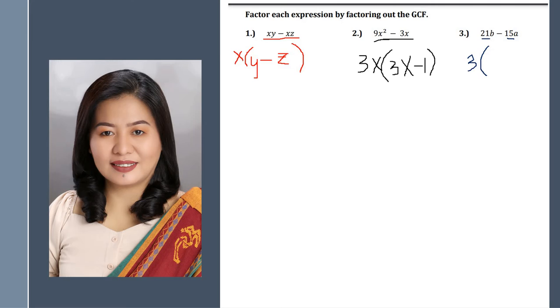So 21b divided by 3 is 7b, and minus 15a divided by 3 is 5a. So our factored form will be 3 times the quantity 7b minus 5a.